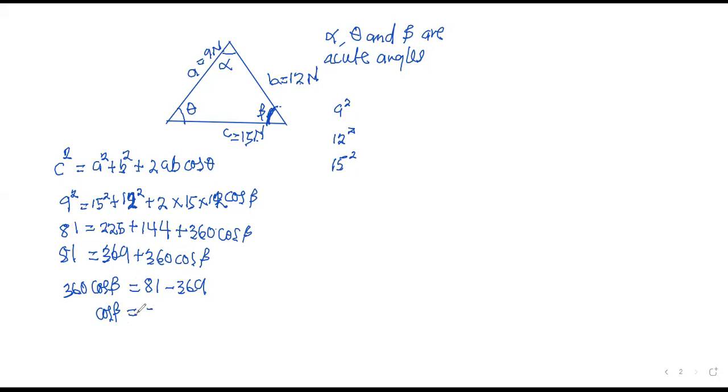Negative 288. Negative 288 divided by 360.